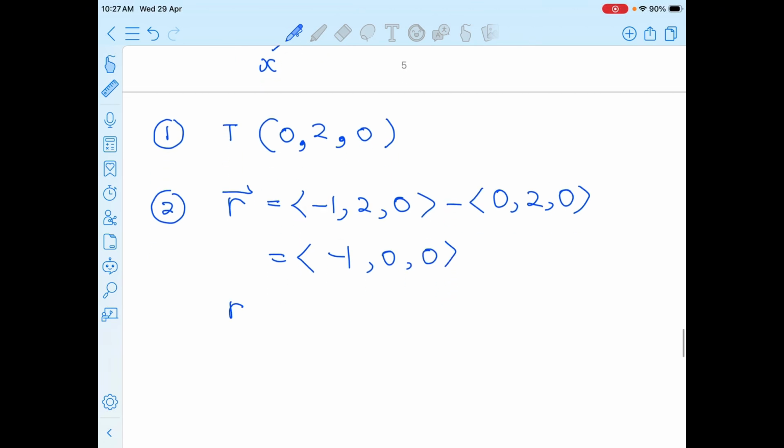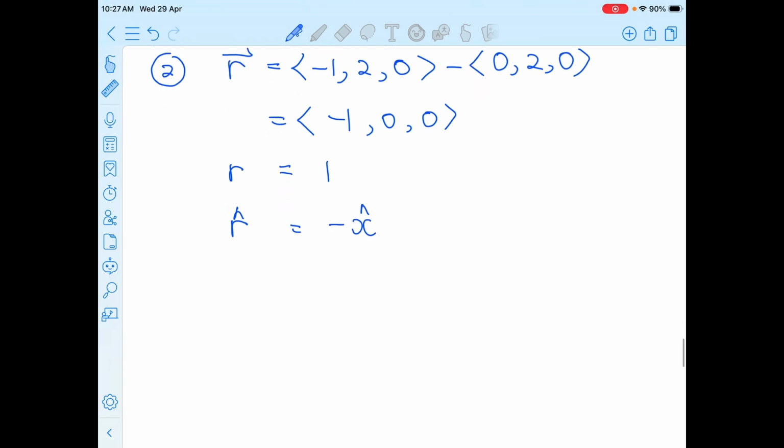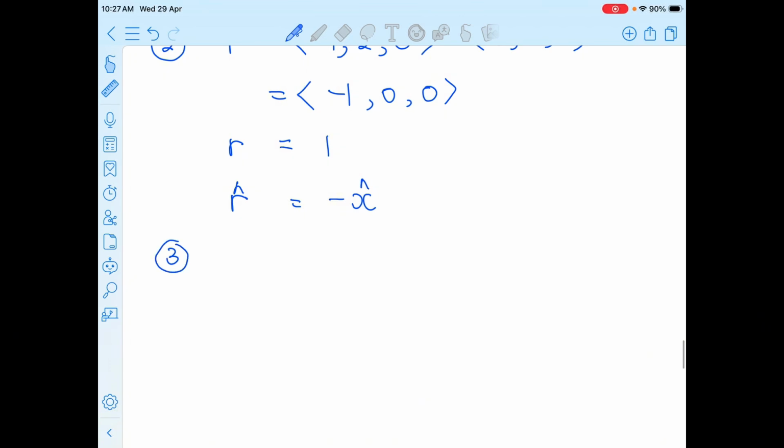So the distance between the point T and the point P is just 1 unit, and the unit vector is -x. Next, we will look for alpha 2 and also alpha 1.